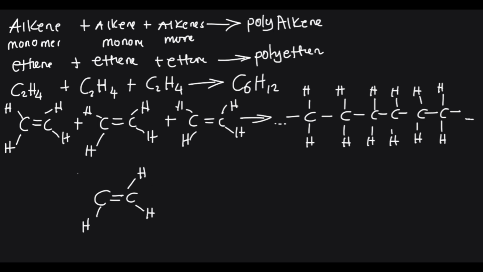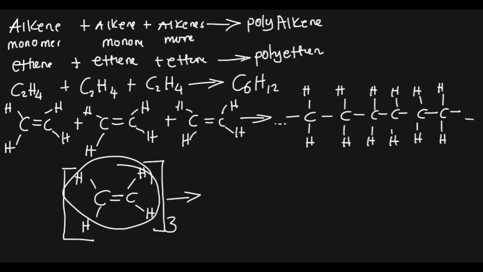In some textbooks you may see something like this, where you see the N here. The N indicates the number of monomers that you are going to use. For instance, we used 3, so we can put 3. This means that we have 3 of this structure. So it's the same pattern.